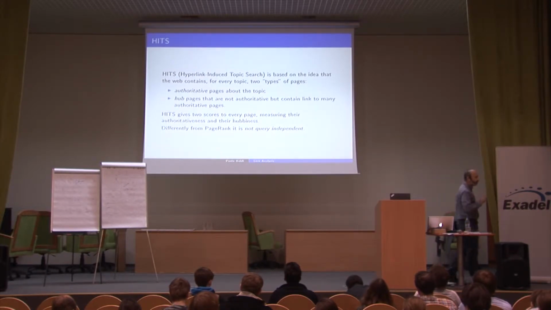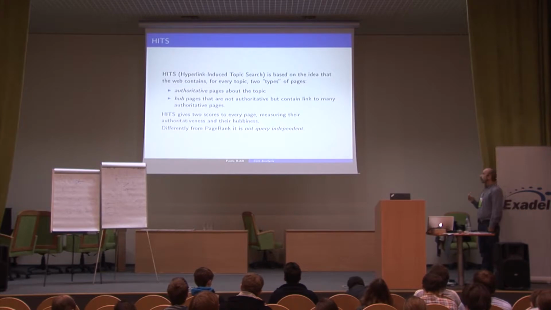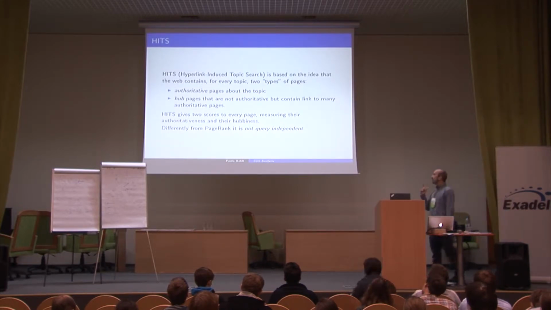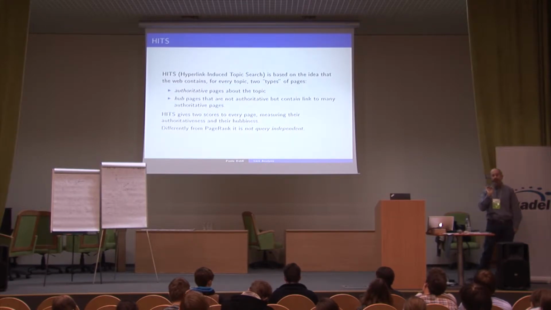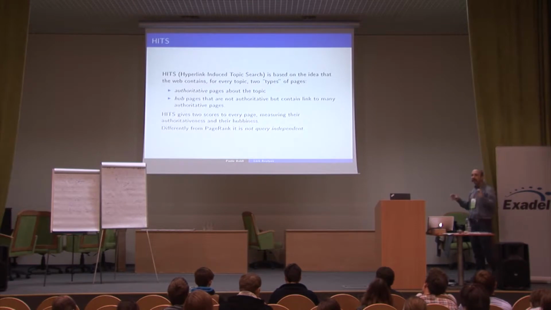Differently from PageRank, HITS was defined to be query dependent in the following sense. Here you must be very careful, because HITS is only partially query dependent. You start with a web graph and with the query that the user submitted, and you do a sort of preselection.